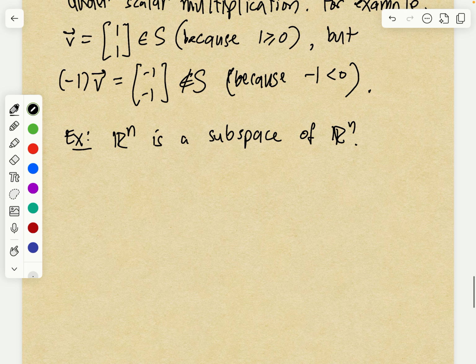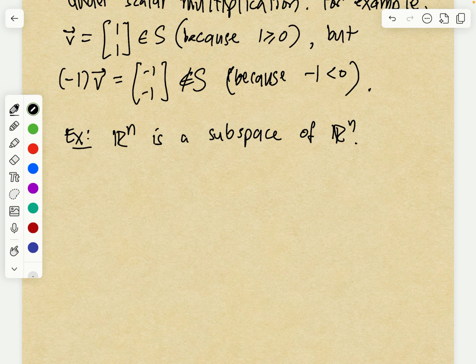I'm not going to write out a proof of that. That's just from the definition of Rn, basically. And also, the set consisting of the zero vector is a subspace of Rn.